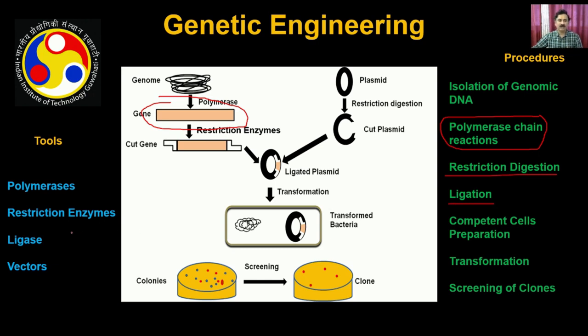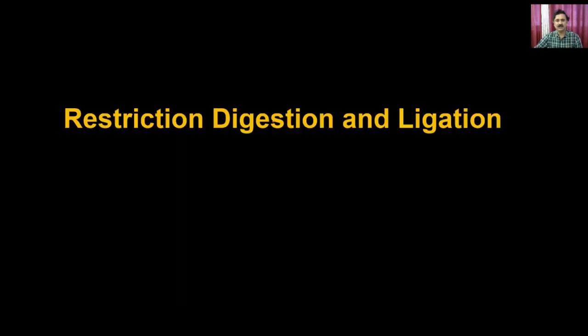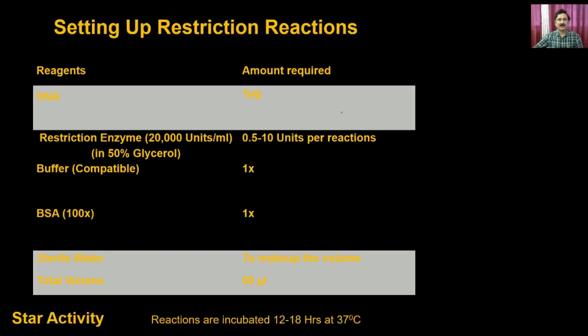If you recall, when we were discussing restriction enzymes and ligase, we discussed the restriction enzymes in detail. So today we will only briefly discuss how to set up the restriction digestion and ligation reactions. For the restriction digestion, we discussed that it should be in a large volume, like 50 microliter. So you have to take the DNA, like the amplified DNA, at 1 microgram.